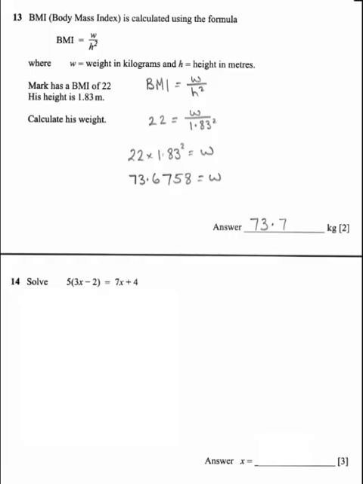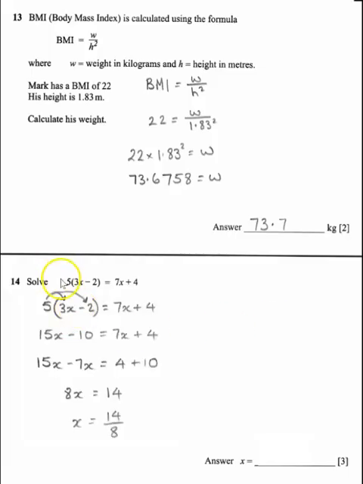So question 14 is an equation that we have here. The first thing that we do when it's asking us to solve it is to multiply out the bracket. So 5 times 3x is 15x, 5 times minus 2 is minus 10.